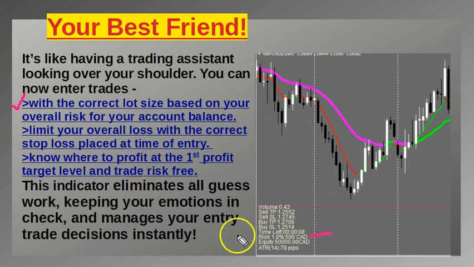You're going to get the correct lot size. In this case, the risk was 1%, and it's telling me here the lot size is found in the volume, guys. The volume is another word for lot size. So that's what you're looking at when you're looking at the information here. Okay, so in this case, with this account size, $50,000, my risk is 1% at $500.